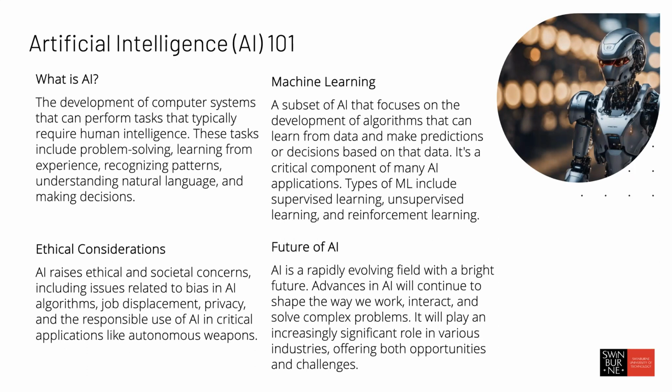However, they also create a lot of privacy or other concerns of using the AI, especially on those mission critical applications, such as autonomous weapons. So there are a lot of ethical concerns.